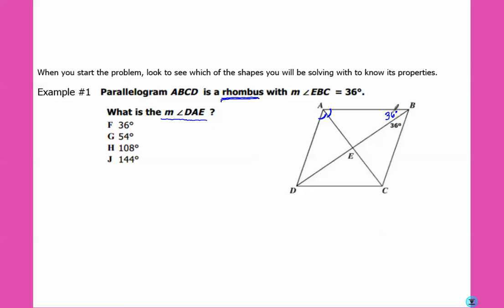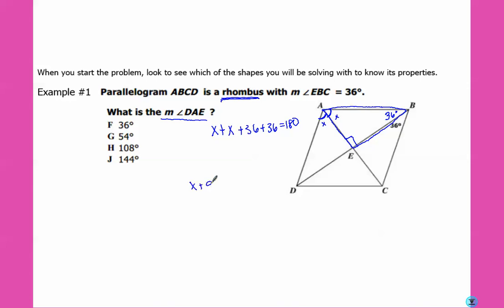Now there's two different ways to do this. We know that the consecutive angles add up to 180, so if this is x and this is x, x plus 36 plus 36 has to equal 180. Or this is a triangle here, and we know that the diagonals are perpendicular, so it's a right triangle.